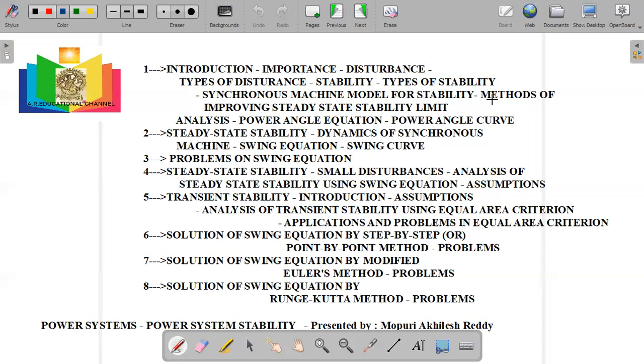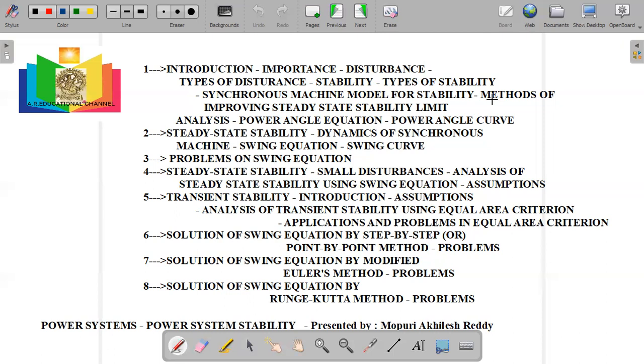They are connected in synchronism. We already know what is meant by synchronism. They are connected to the grid. Whenever there is a small disturbance or large disturbance in that synchronous generator, what will happen? The ability to attain the synchronism, they should not lose the synchronism. That is what we call power system stability.